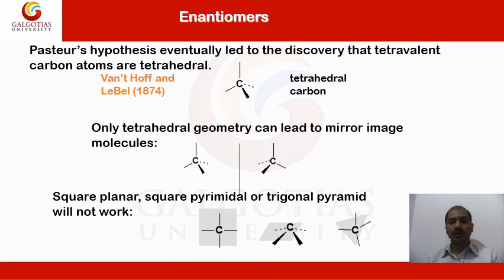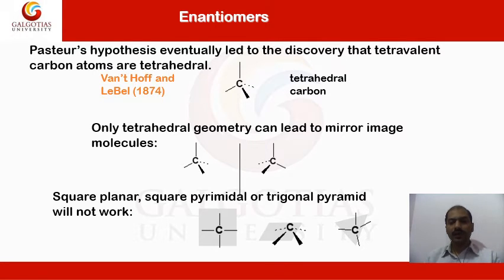This model and arrangement for the tetrahedral carbon was given by Van't Hoff and Le Bel in 1874. Only tetrahedral geometry can lead to a mirror image molecule.